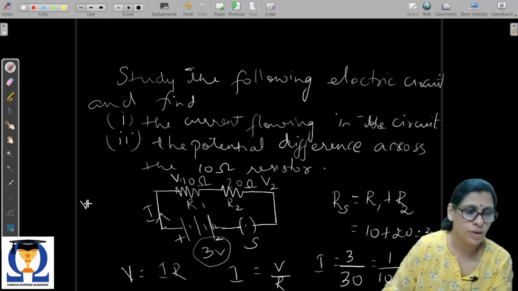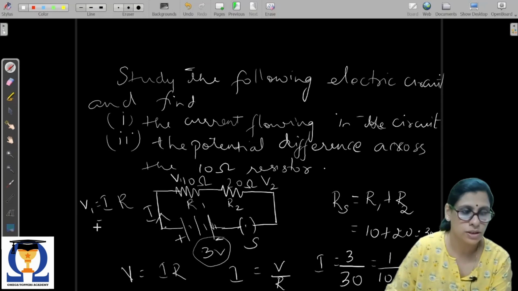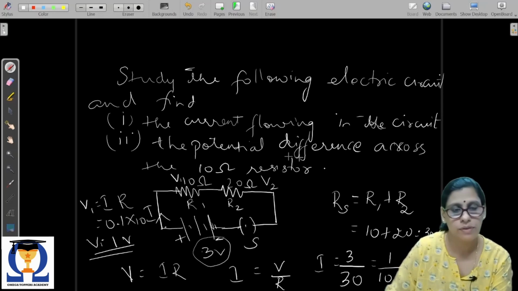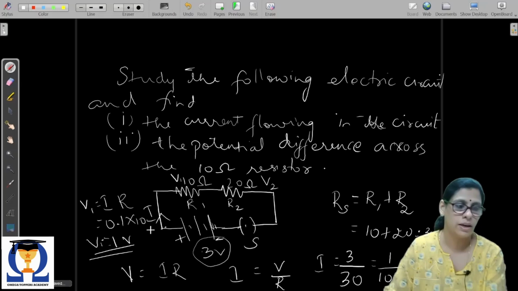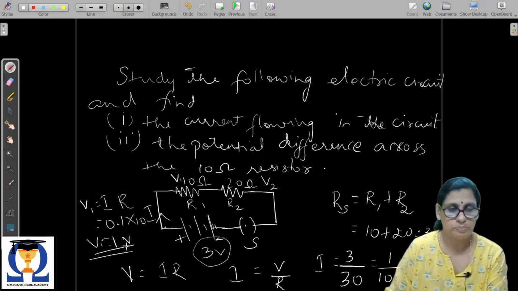V1 is equal to the current, which remains I in a series circuit, times the resistance of 10 ohms. So it is 0.1 into 10 ohms, which is 1 volt. They have asked for the potential difference across the 10 ohm resistor, so V1 is 0.1 into 10 ohms, that is 1 volt.